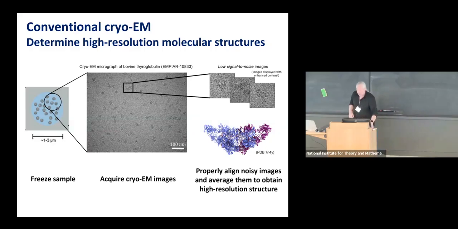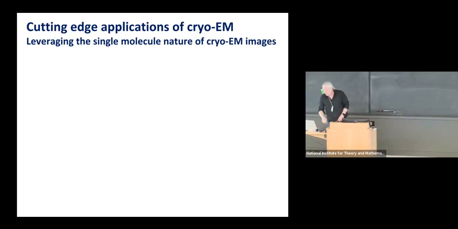Anyways, those are the conventional approaches. But quite recently, there have been continual incredible advances in cryo-EM, and because of these, there are some cutting edge applications. The way I think about it is that these applications leverage the single molecule nature of cryo-EM images, because you're really taking images of individual molecules.